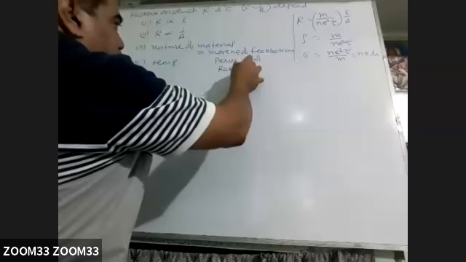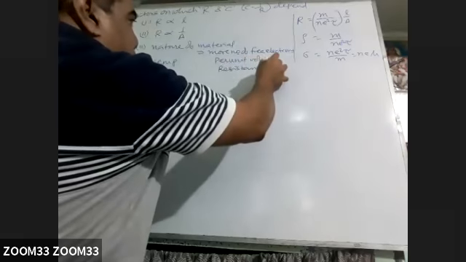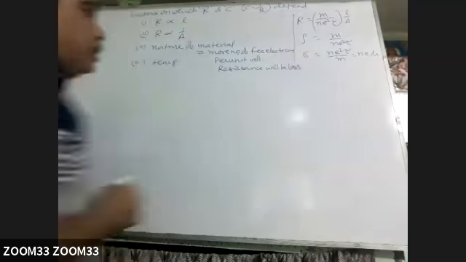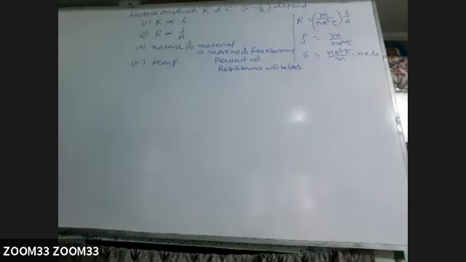Resistance will be less. That is mainly the nature. It depends on dimension, length of the conductor, area of conductor, and the nature. So if you compare copper and aluminum, copper has got more number of free electrons per unit volume.